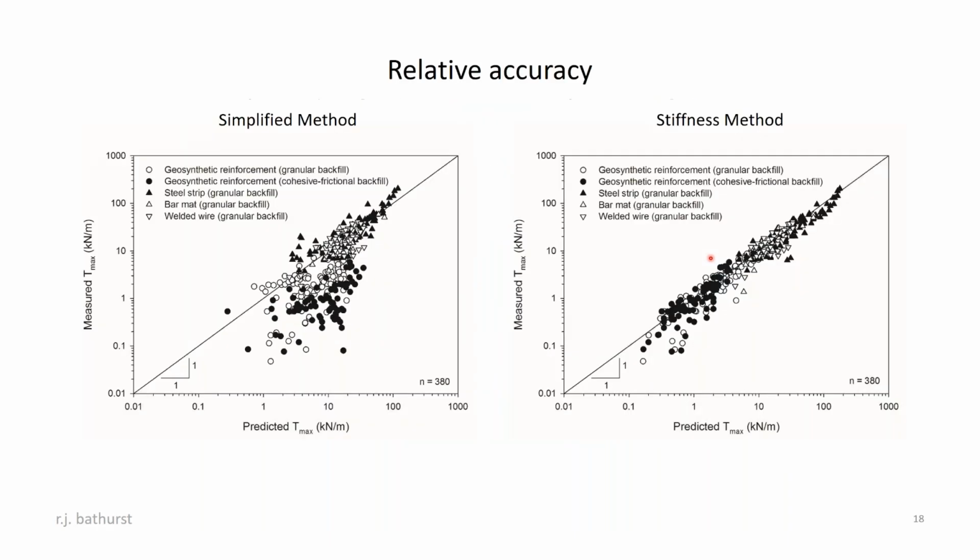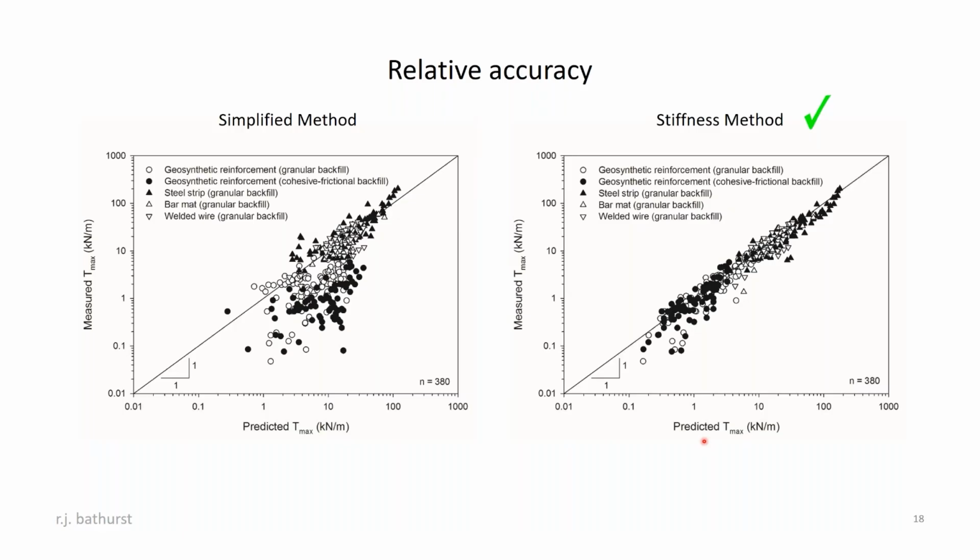And after this was done, we then plotted the measured loads against the predicted tensile loads using our new method, which we call the stiffness method. And what you can see, at least visually, is that there is better agreement between the measured and predicted results.